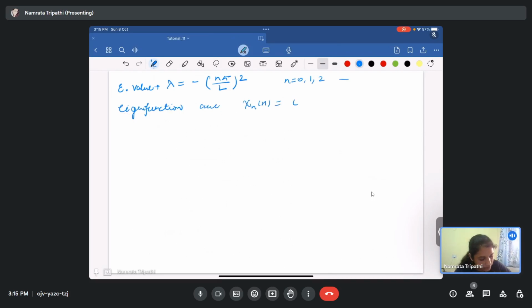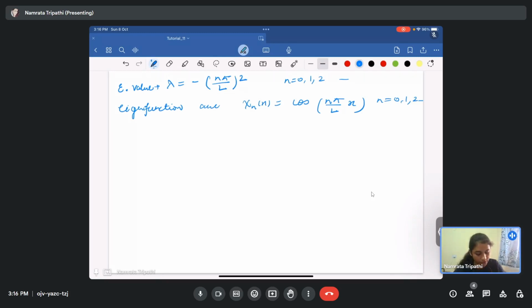Because c2 is 0, it is c1 cos mu x. Taking c1 as 1 and mu as n pi upon L, the eigenfunction is cos of n pi x upon L.